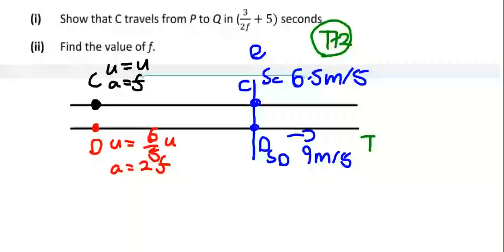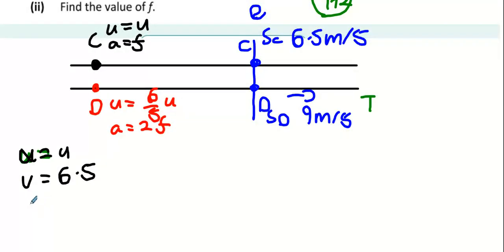Ready? Show that the time C travels is 3/2F plus 5. Sorry, the time taken. It's looking for the time taken, isn't it? All right, let's try this out. What's our U value for C? U is U. Our V value? We could put it at 6.5, couldn't we?